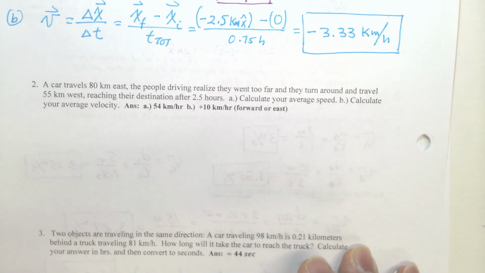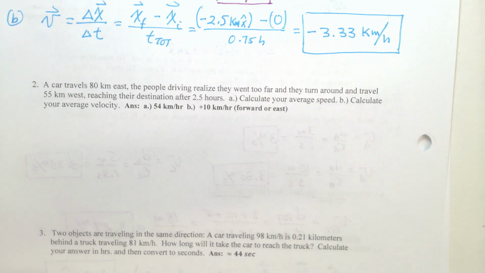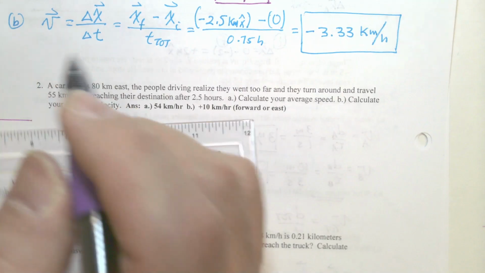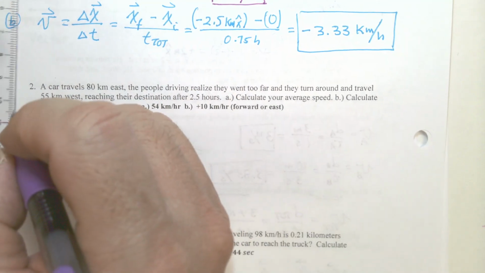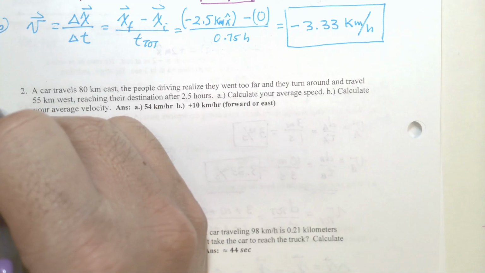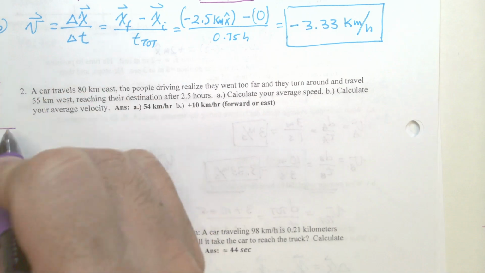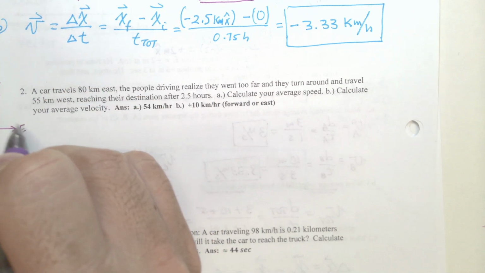So a car travels 80 kilometers east. Make sure you know your cardinal points here. So I'm just going to quickly label: here's your north, and this is your east.